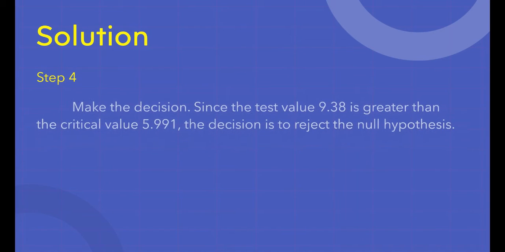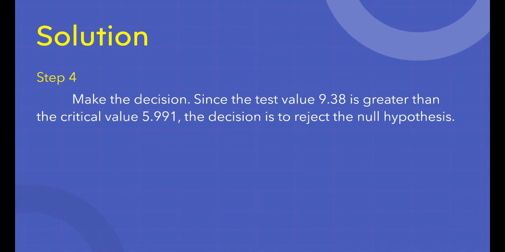Solution step 4. Make the decision. Since the test value 9.38 is greater than the critical value 5.991, the decision is to reject the null hypothesis.